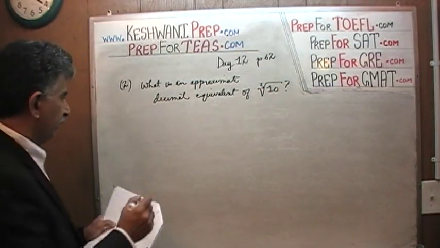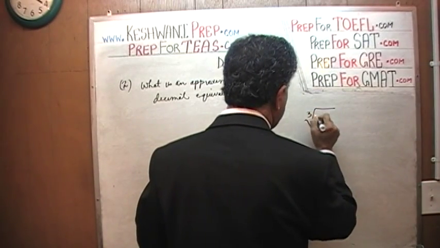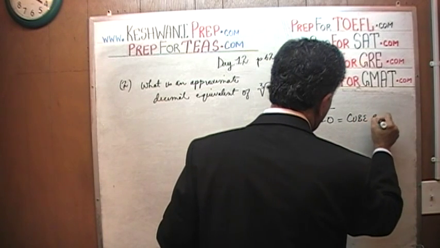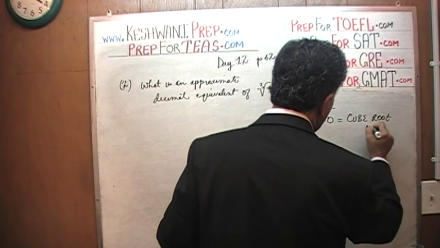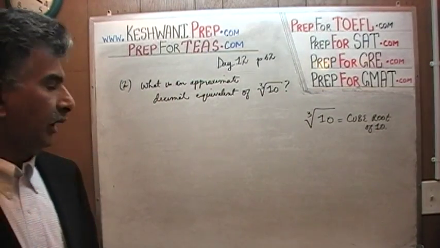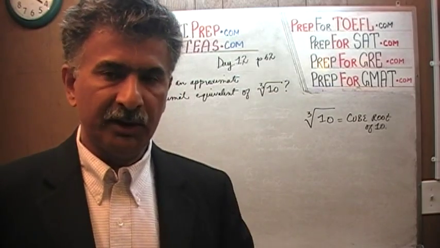First thing first, let's make sure we understand how to read this thing. This is read as cube root of 10. That's how we read it, cube root of 10. And our job is to find the approximate value of this quantity, cube root of 10.